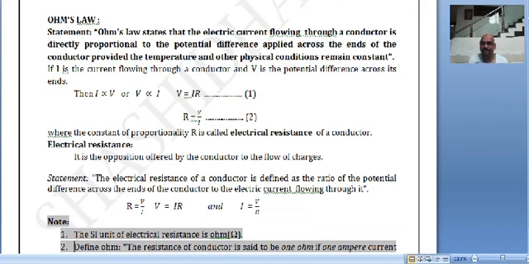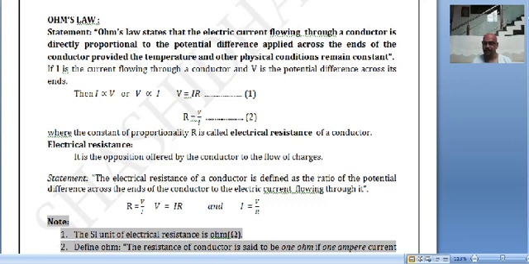Ohm's law: you know that the current I flowing in a conductor is directly proportional to the potential difference across the ends of the conductor, provided the temperature and other physical conditions remain constant.